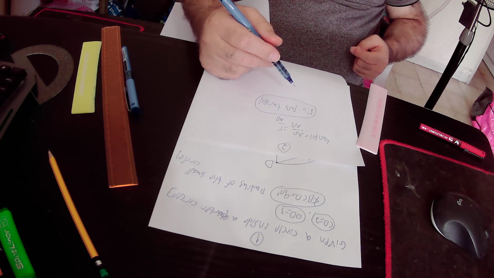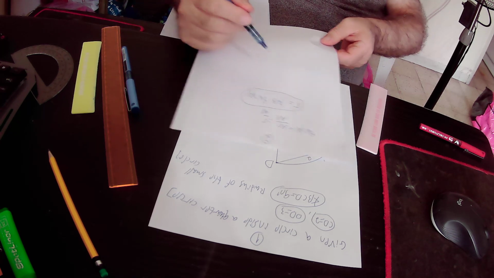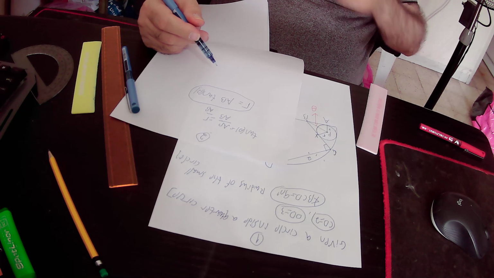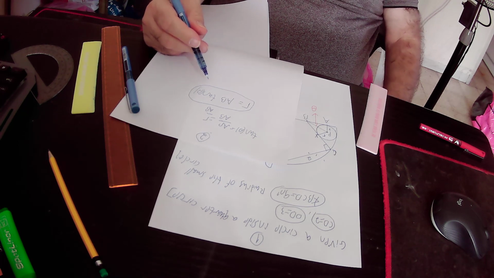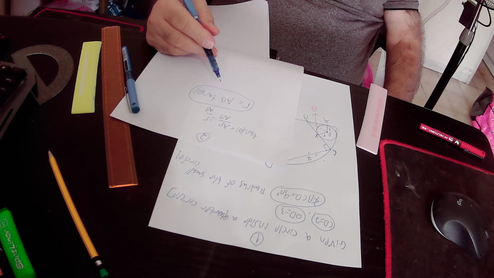So first of all, we will find out the value of tangent theta and then the value of AB.